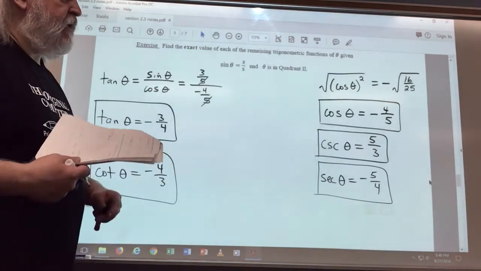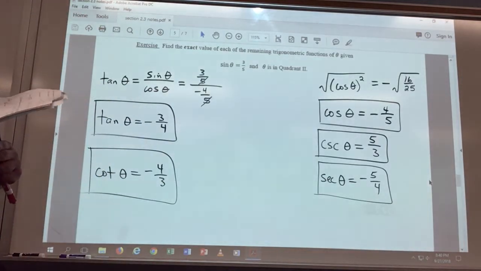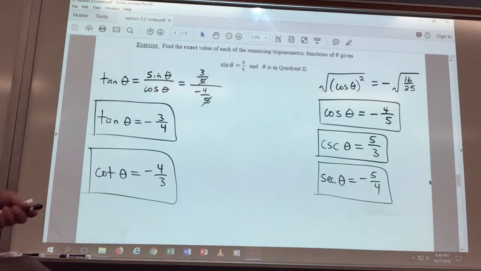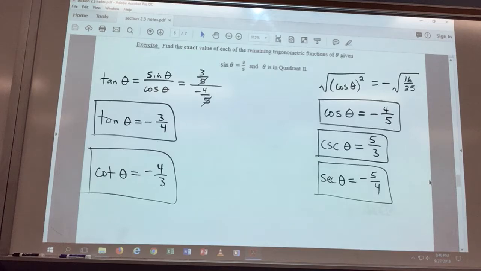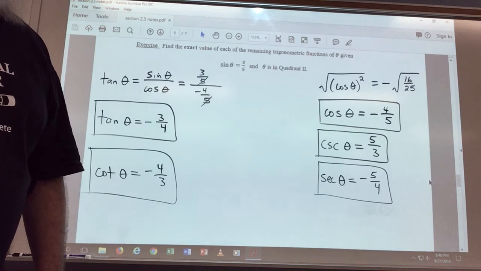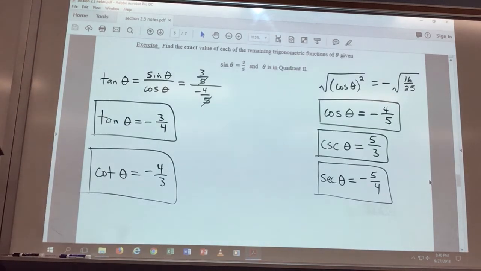So you take the negative of the square root on the right-hand side, not the positive of the square root. Just got to be careful to remember what the sign of sine and cosine is. Okay, so in trigonometry, right, a lot of times there's like 1,000 ways to approach solving a problem. More than one way to skin a cat, as the old saying goes.